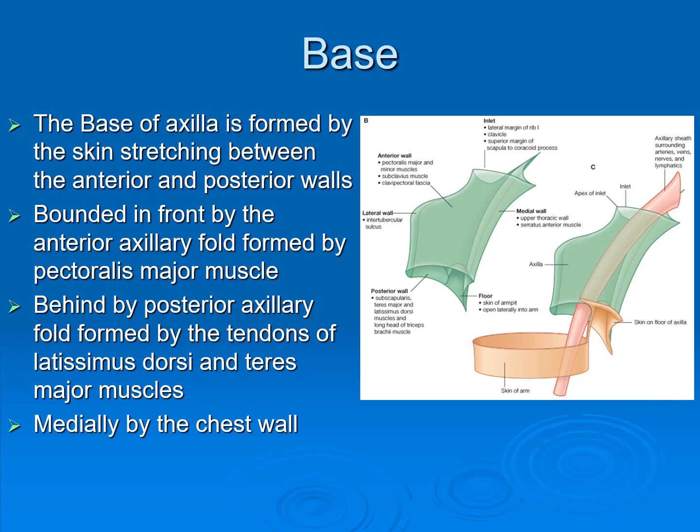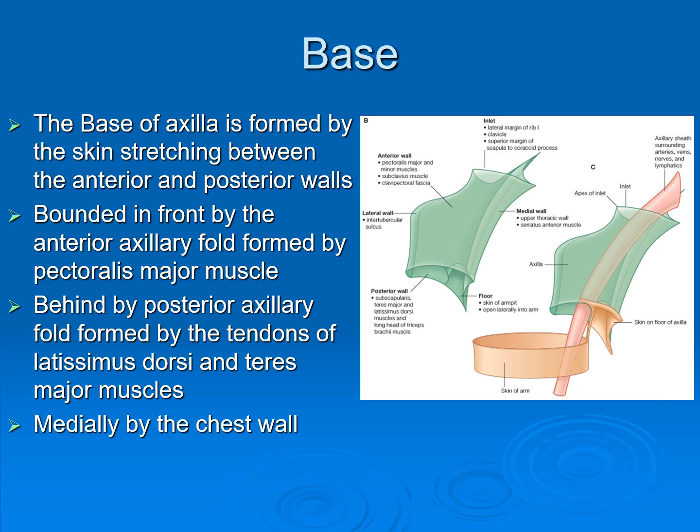But when we try to close it, you see that there is a touch between all the skin that covers the whole of the region, laterally by the upper arm and medially by the sides of the rib. So that is the base. Basically the base is formed by the skin that stretches from the anterior and posterior wall.